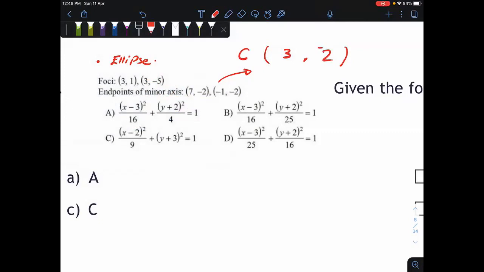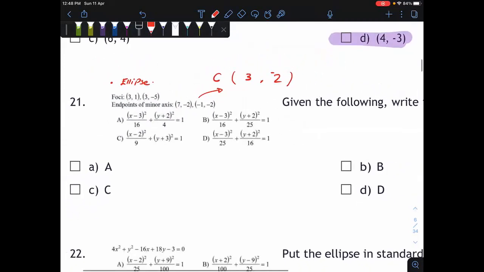Which equation here has a center of (3, -2)? B and D, and also A, and also C, all of them. So the first step is good. Next, the foci are at (3, 1) and (3, -5). But what's B first? Look at the endpoints of the minor axis, (7, -2) and (-1, -2).